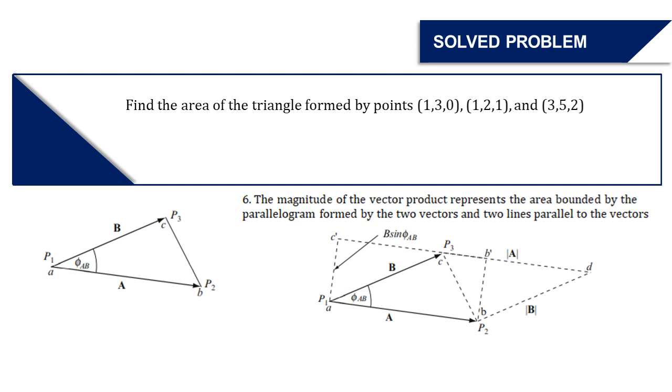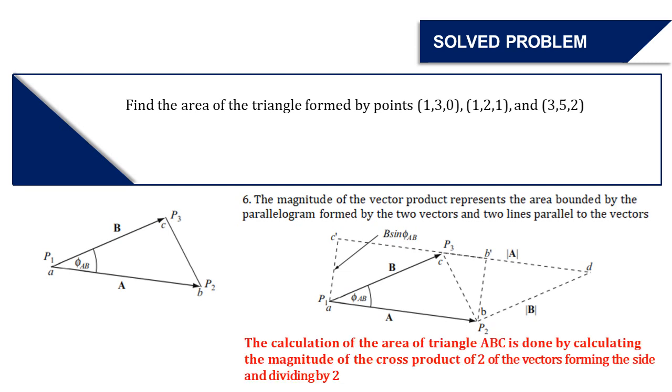So, paano yan? So, ito yung isang example. Ang sabi kasi natin, yung magnitude, well, for this question kasi, ang importante lang naman sa pagkuha ng area is yung magnitude. So, wala tayong pakialam kung yung direction is going up or going on the opposite direction. Ang kailangan lang natin makuha is yung magnitude ng ating cross product. And sabi nga, yung magnitude is the area of the parallelogram formed by the two vectors and two lines parallel to these vectors.